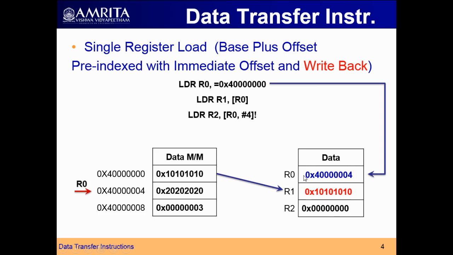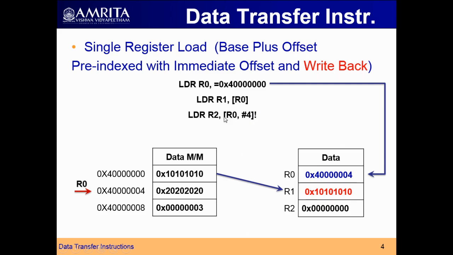In the previous case, even though the update of the pointer took place, R0 was not written back with the updated address. Whenever you use this exclamation mark, the updated, indexed or incremented address will be updated in R0. That is very important. So this exclamation mark stands for the write back operation.